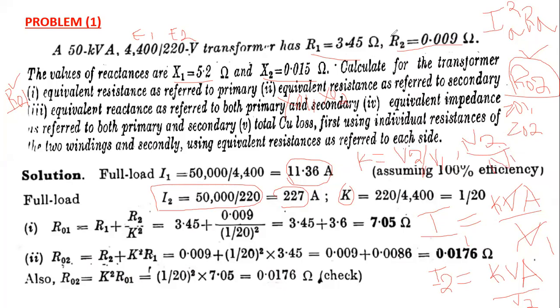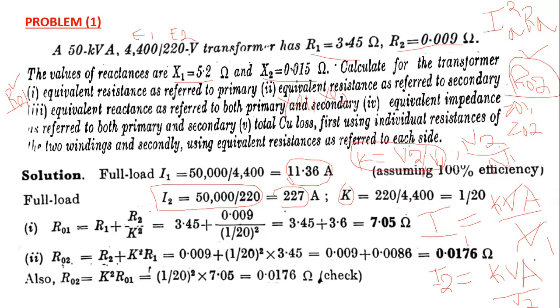But in this problem, we know the voltages V1 and V2, so we use the formula K is equal to V2 by V1.